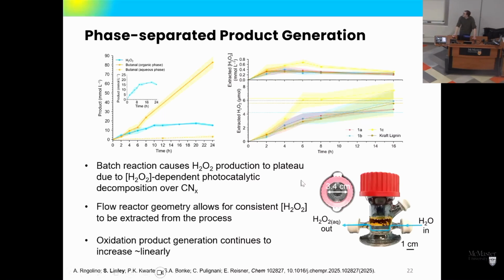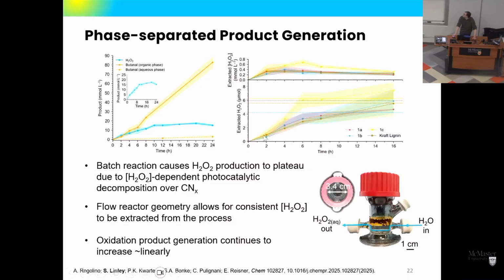photocatalytic processes and incorporated this flow reaction technique. So here we're continuously cycling our aqueous phase and basically moving our product at a certain concentration out of this reactor, which allows us to continue producing hydrogen peroxide without having it decompose over the photocatalytic material.